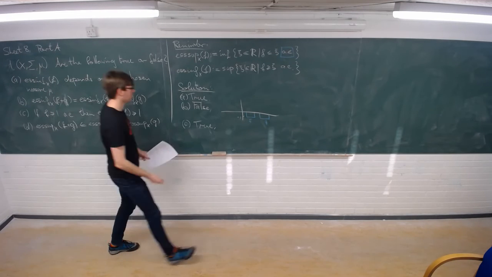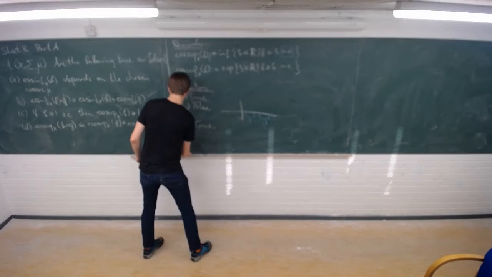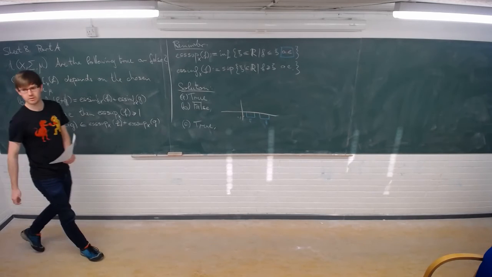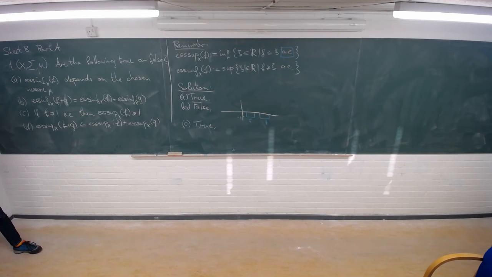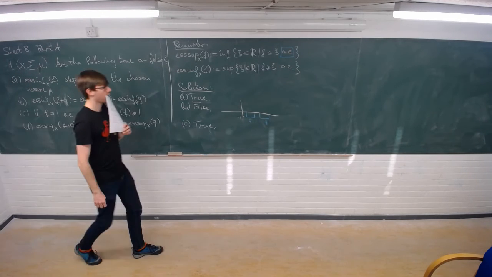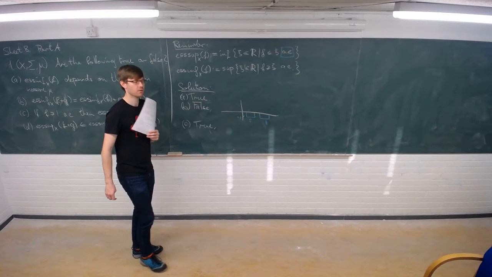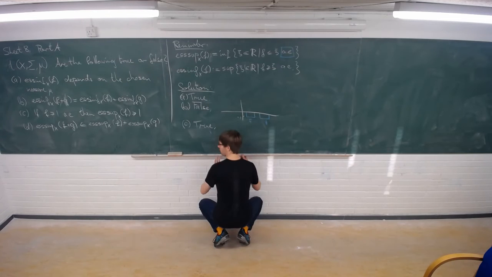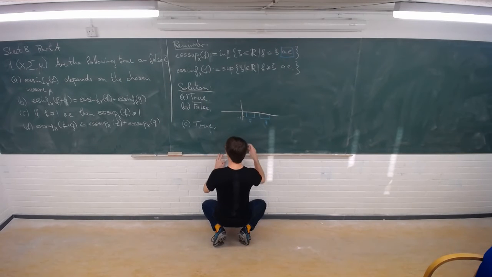If I take something a little smaller than 1, I cannot say that f is less or equal than 1 minus epsilon almost everywhere.